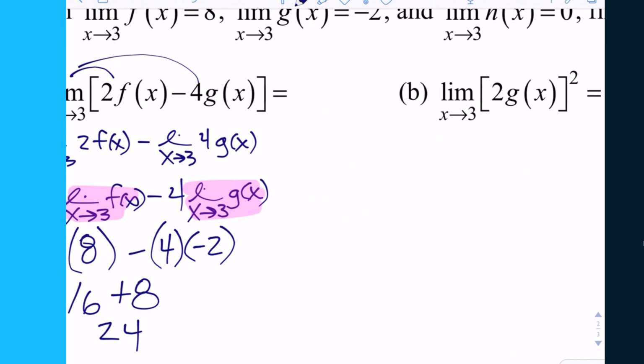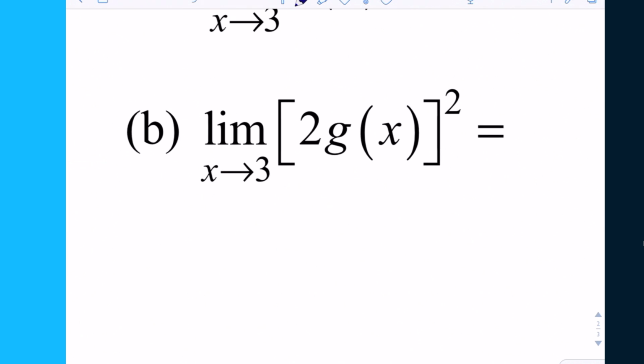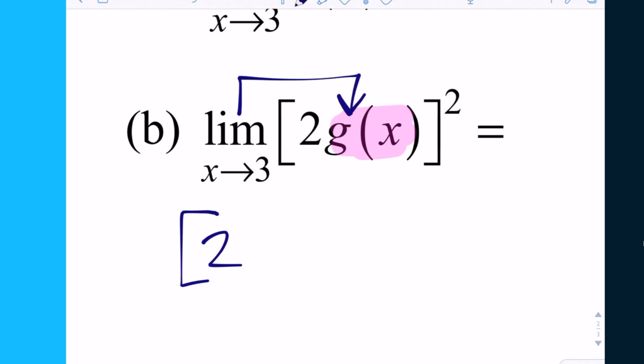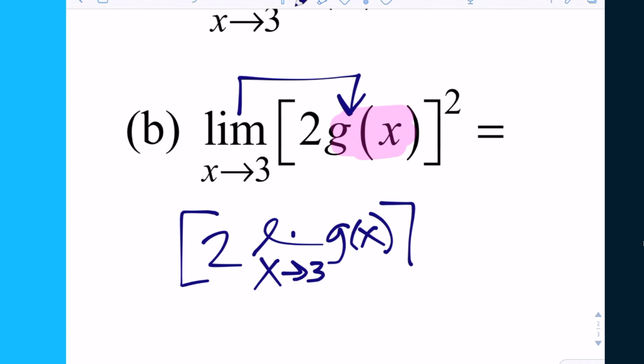Got the hang of it? All right, let's look at B. Rewriting it again one more time. You've got the g of x is the only variable part here, and that's what you need to evaluate. So you can put the limit directly in front of there, and everything else would be the same. So you have 2 times the limit as x goes to 3 of g of x, quantity squared.